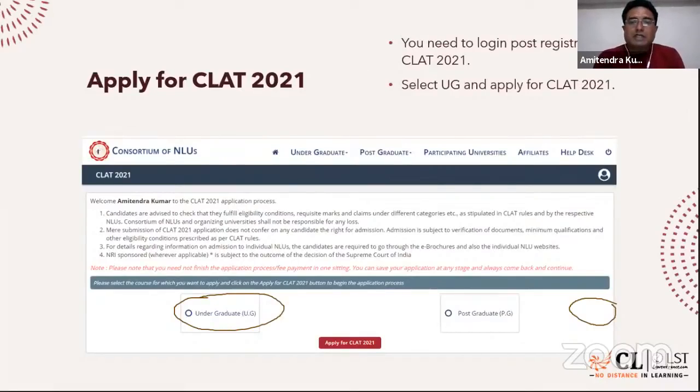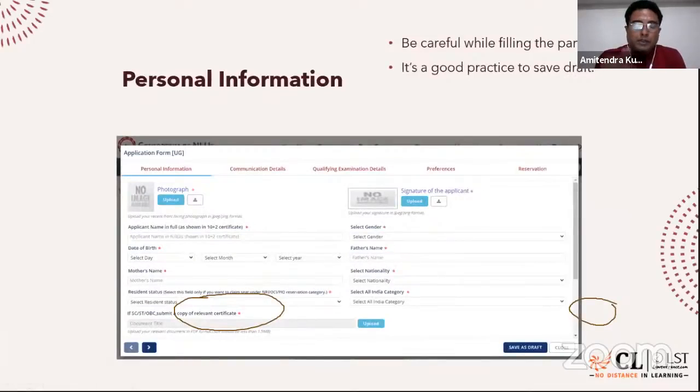That process is simple, not very difficult till now. From here onwards, you have to fill the application credentials. The first information which you have to provide is your personal information. Your personal credentials have to be input over here. Your photograph has to be uploaded, your signature has to be uploaded, and then your name has to be entered in the same manner as it appears on your class 12th board certificate.